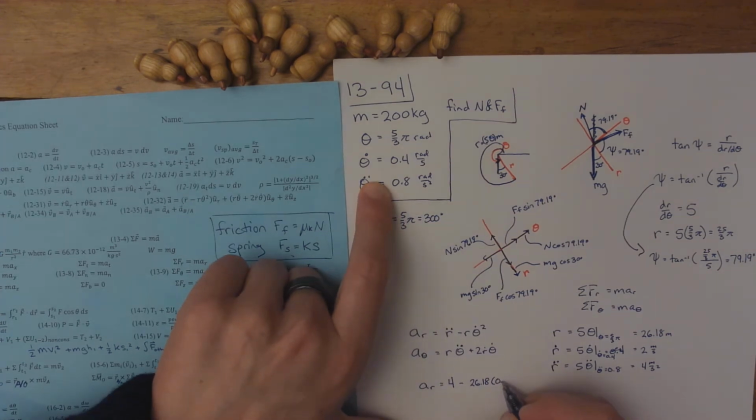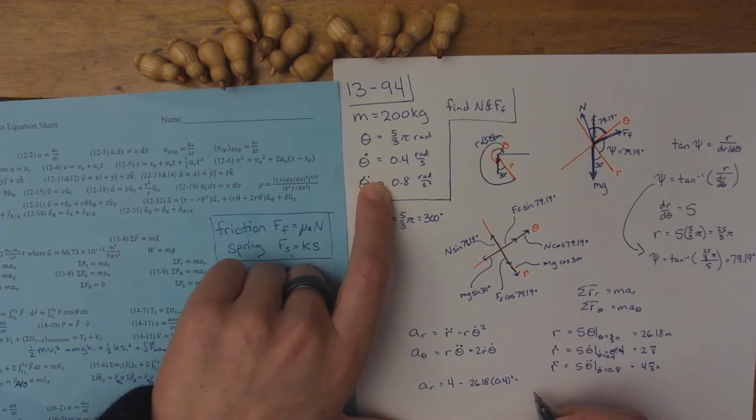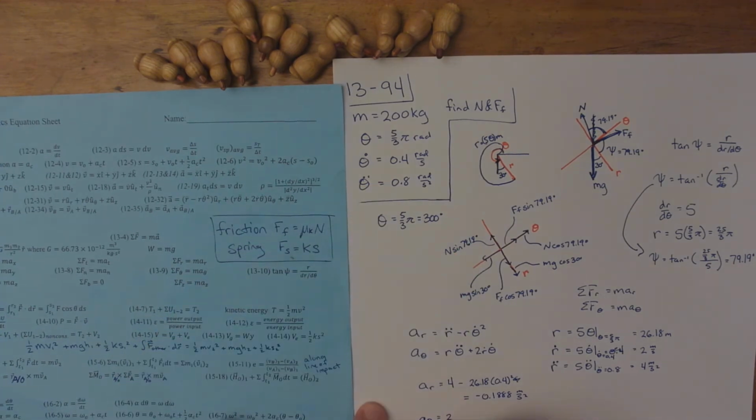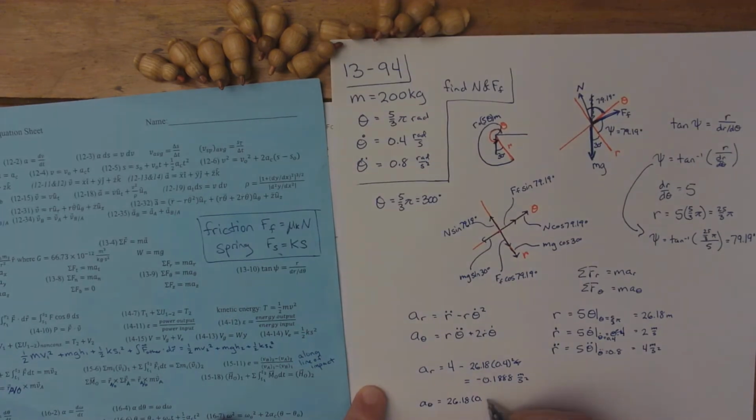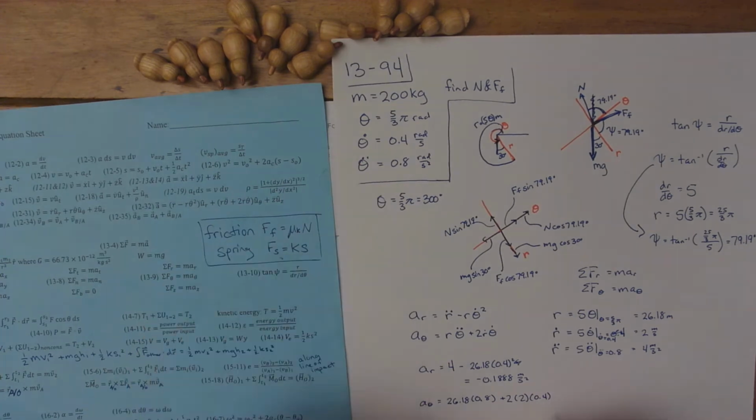Theta dot is equal to 0.4. So the radial component of the acceleration is equal to, let me just put it down here, negative 0.1888. The transverse component, I have 26.18 times 0.8 plus 2 times 2 times theta dot, which is 0.4.